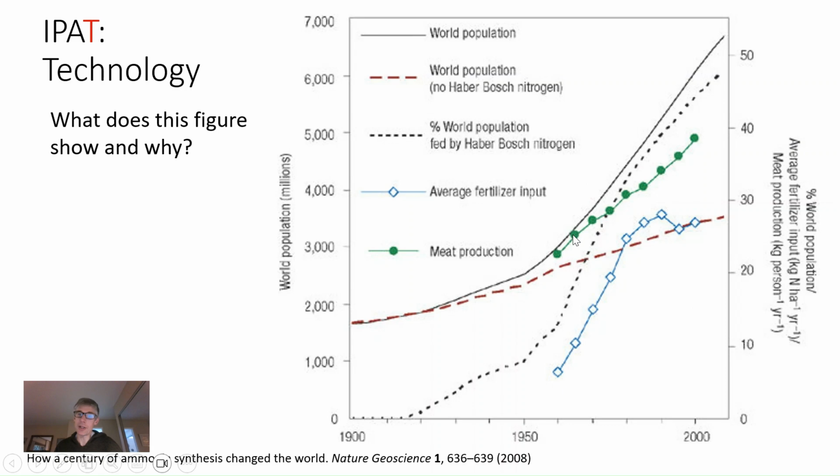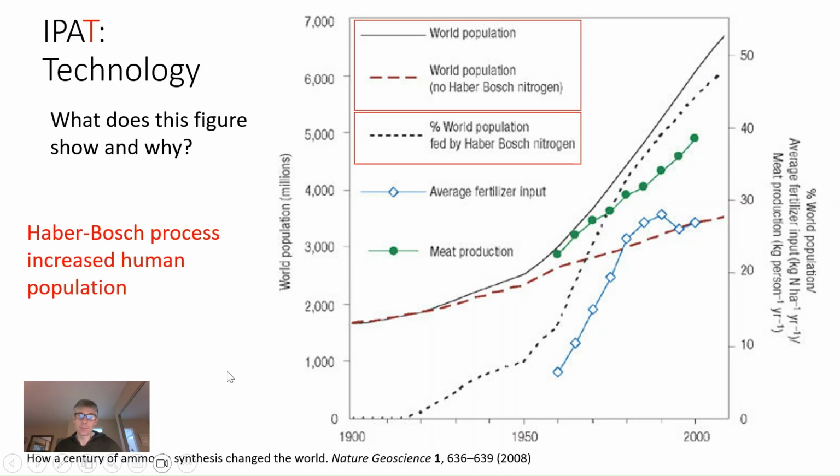So this is really illustrating that technology in the form of the Haber-Bosch process supercharged our population growth by making more food available. And it's believed we don't have the capacity to make the volume of food required to feed planet Earth without the Haber-Bosch process. Okay, so that's how technology can impact.